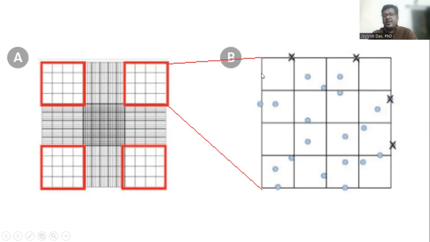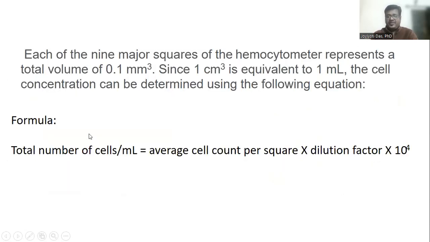If you're taking top and left, take top and left of every square. In that way, you will count one circle only once. These circles are cells. If you take the convention that you will count the cells touching the top or left of any square, then you will avoid duplicate counting of cells. In that way, you count all the 4 corner squares and then you average the value.